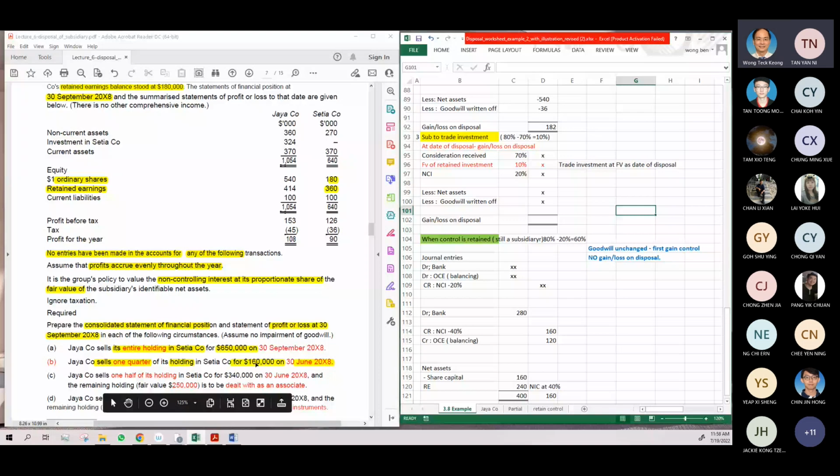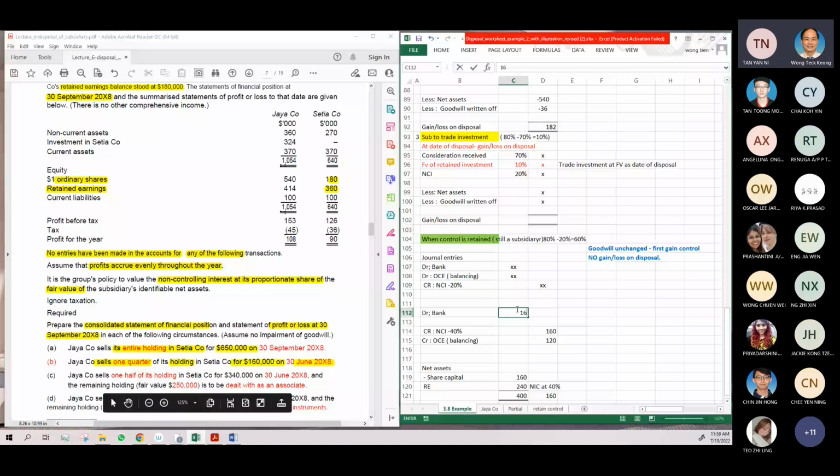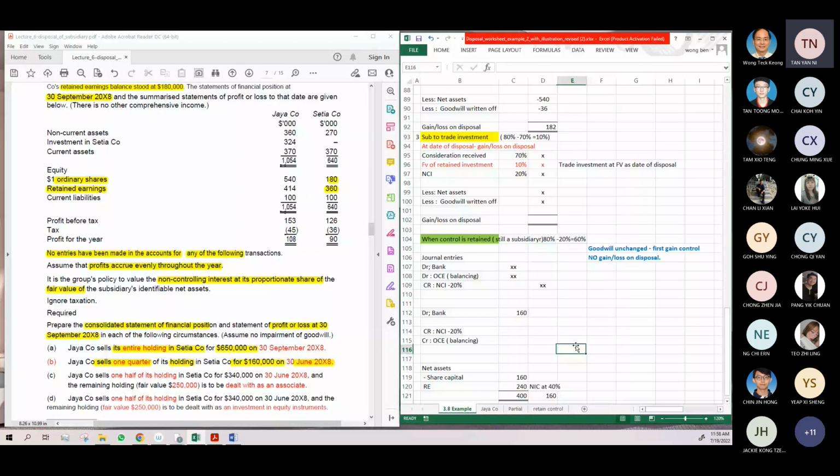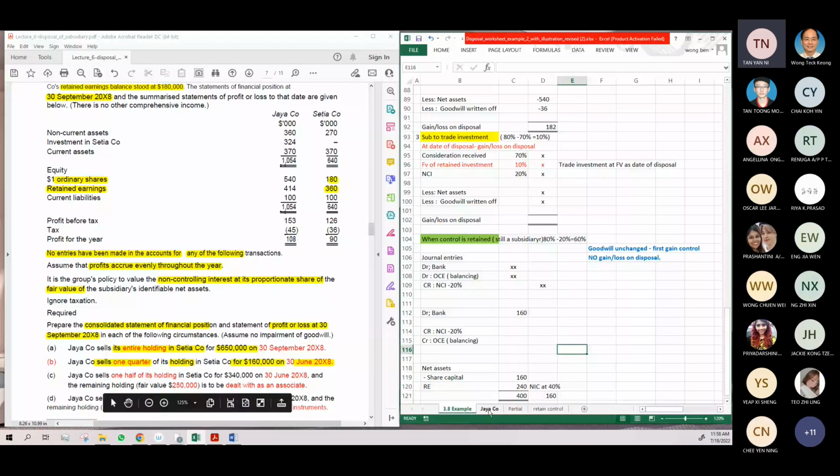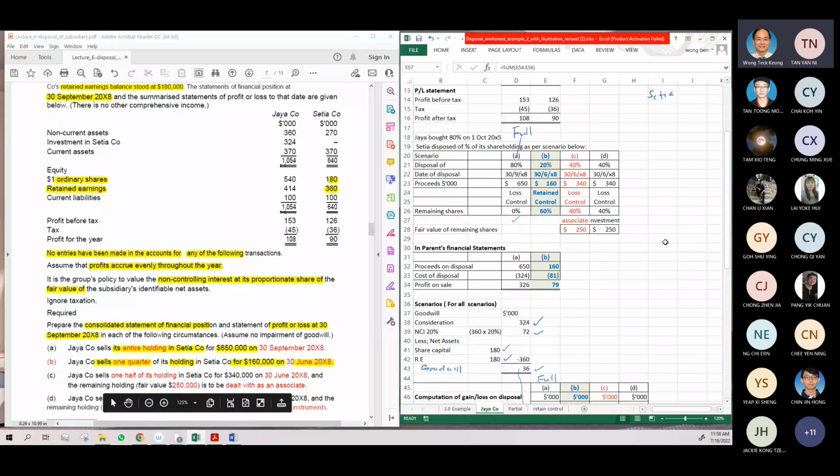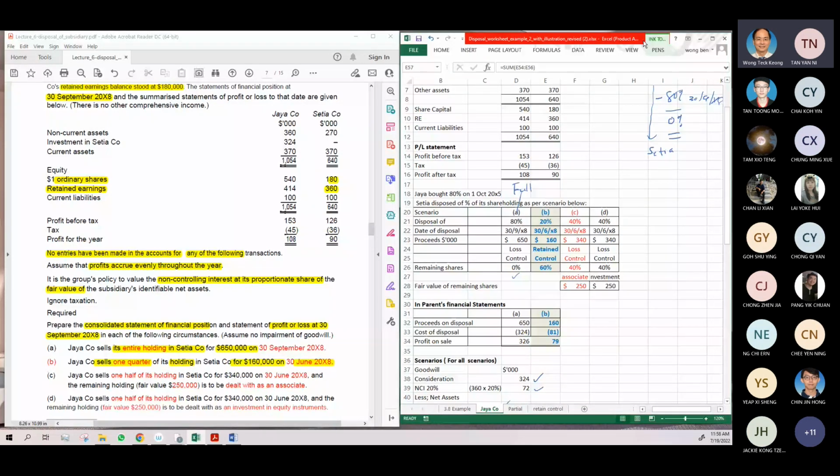To find out your 1/4, in this case 20%, how much is the NCI at 30th June? This is a partial loss of control where control is retained. So this B is retain control.